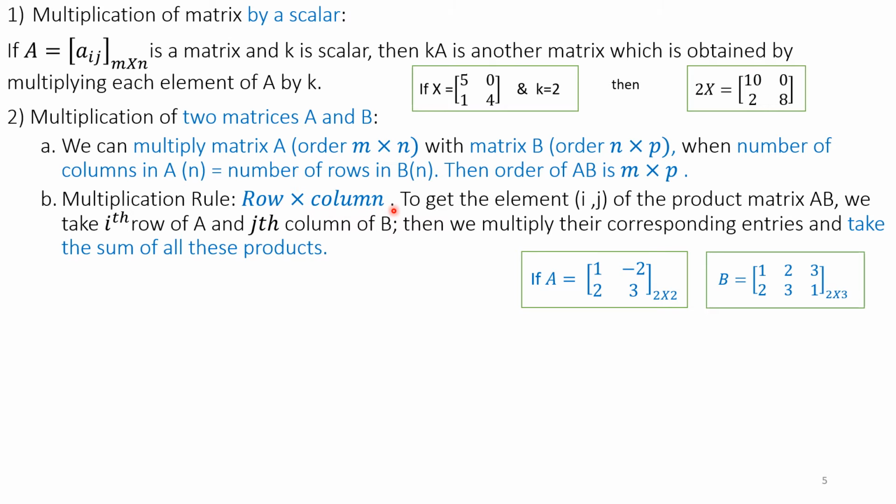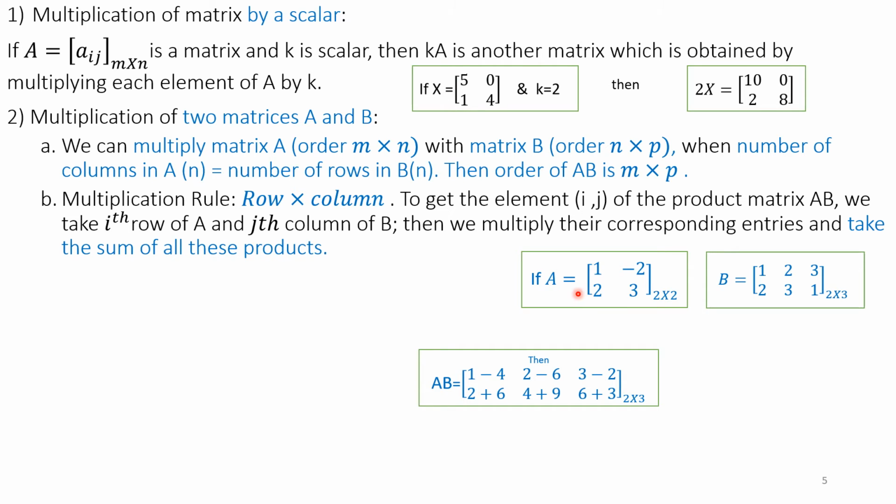To get the element ij of the product AB, we take the ith row of A. We start with the first row of A and first column of B. Then we multiply their corresponding entries, that is, the first element of the row with the first element of the column of B, and take the sum. We have to take the sum of all these products. How do we do it? Let us see in the example.